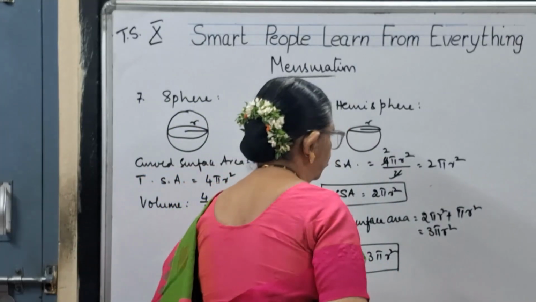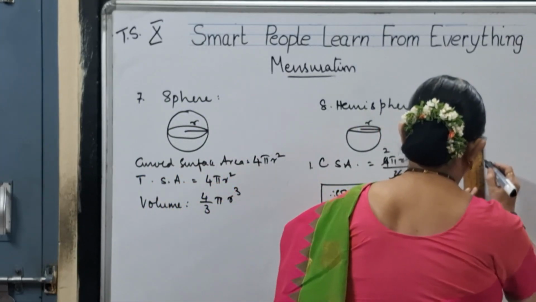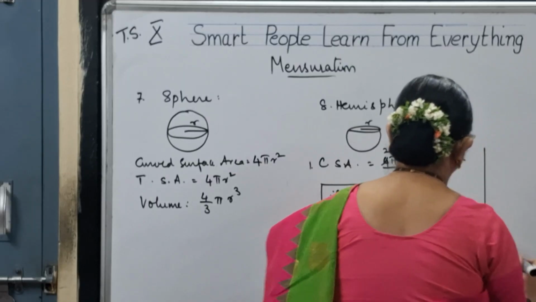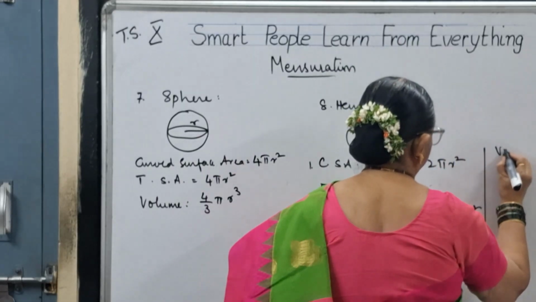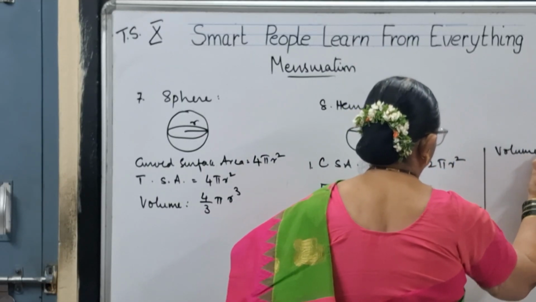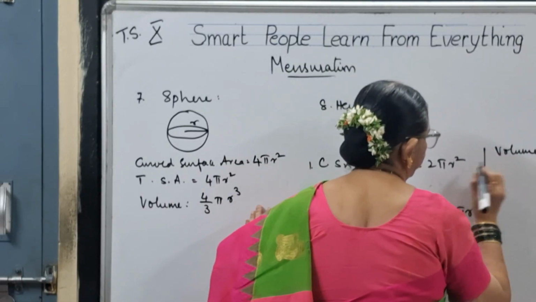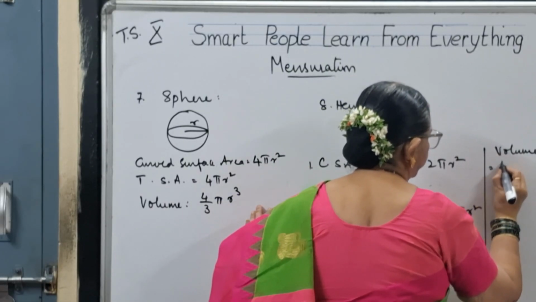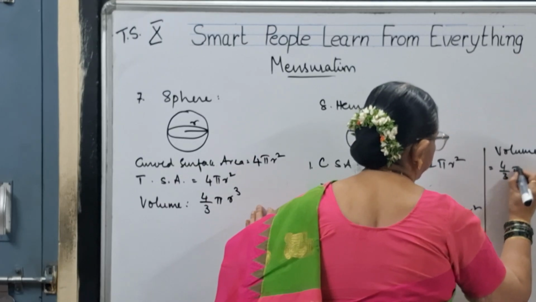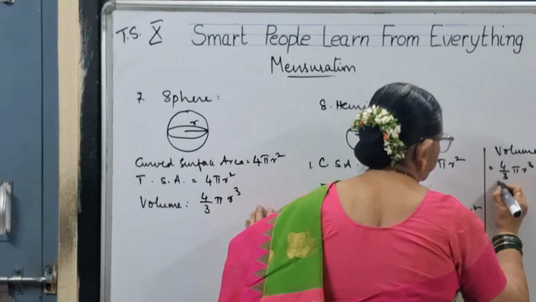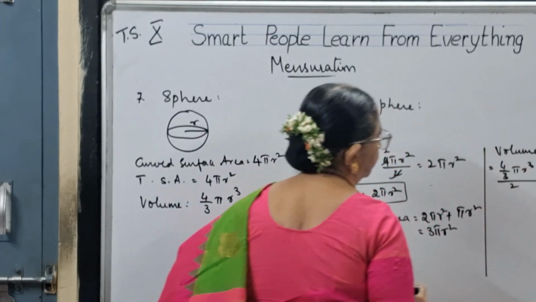Next, I'll go for volume. What is volume? Here 4/3 is there. Volume for a sphere is 4/3 pi r cube, and for the hemisphere, actually half of it.